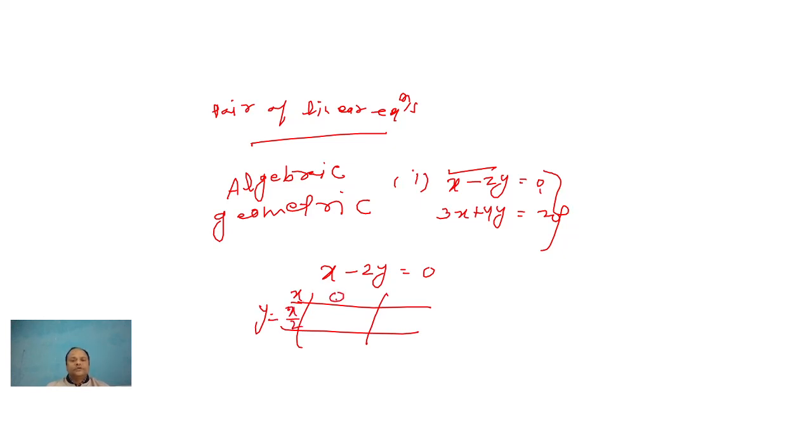After putting the value x = 0, I get y = 0, and for x = 2, y = 1. In the same way, I find the values for the equation 3x + 4y = 20. If x = 0, then y will be 5. Suppose x = 20/3, y = 0.